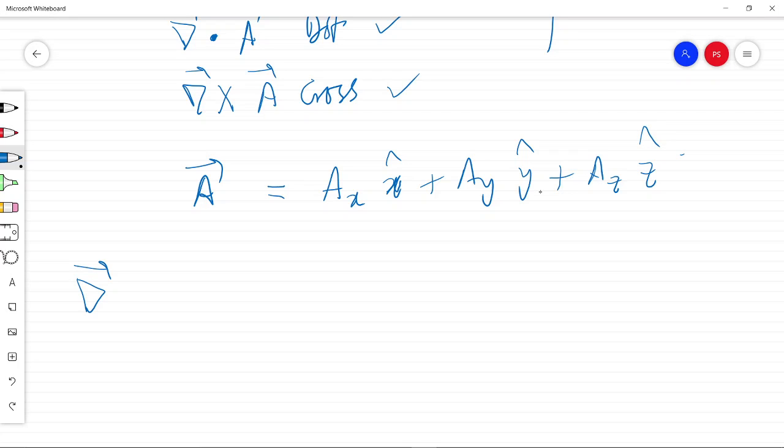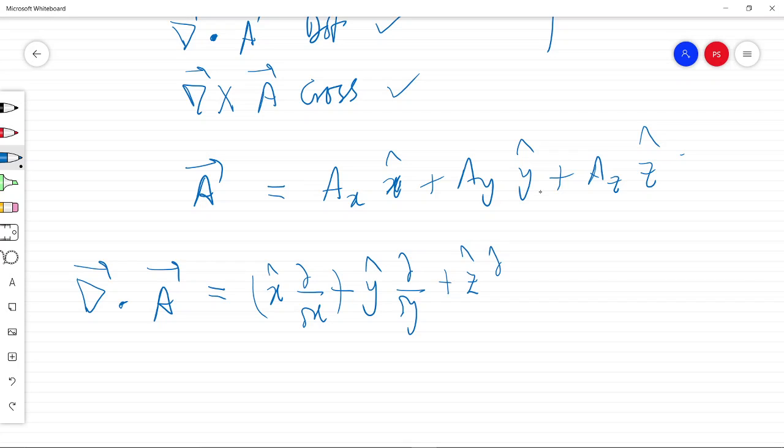Then we can write del dot a bar as x cap dou by dou x plus y cap dou by dou y plus z cap dou by dou z dotted with ax x cap plus ay y cap plus az z cap.